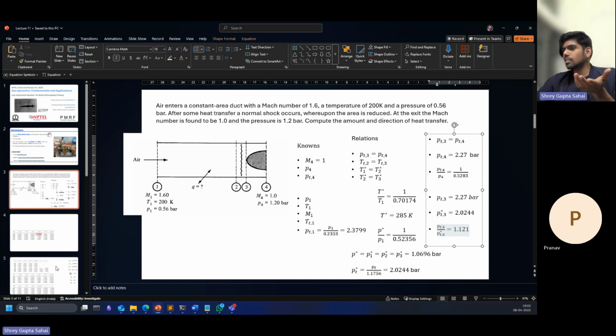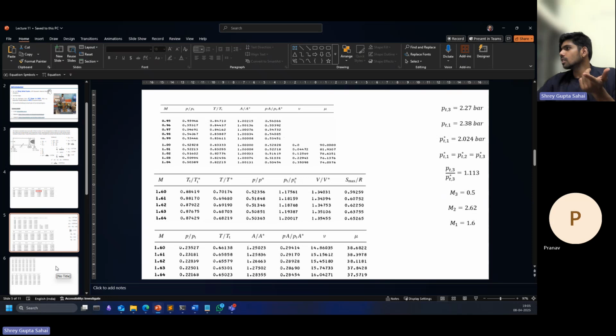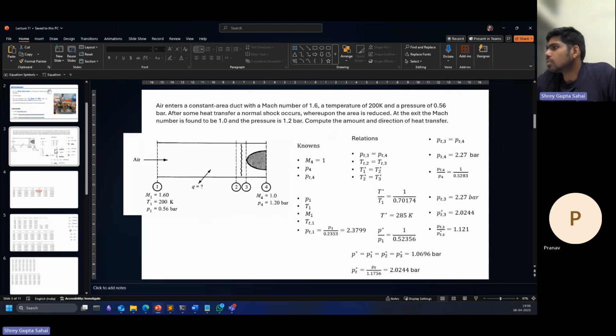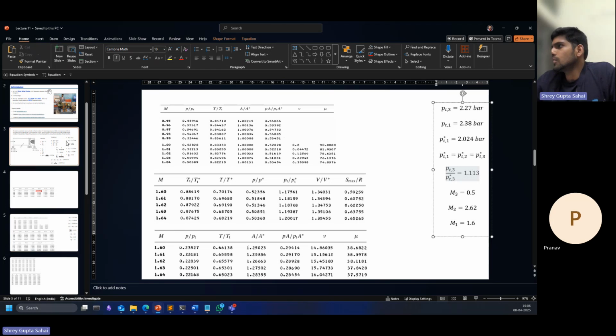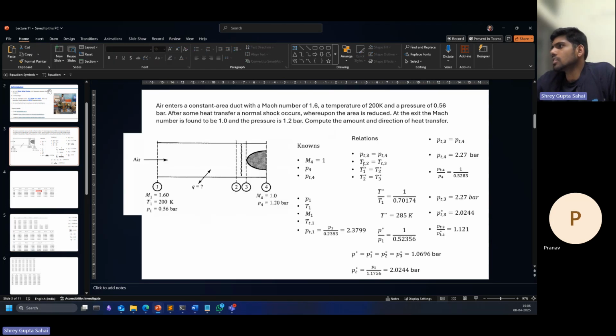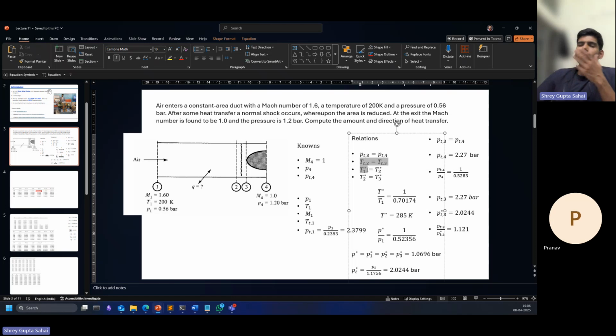Let me just once check if this is the right thing. No, wait. Okay, so slightly similar value. P total is 2.38, fine. Here you see we wrote down relations in total and sonic temperatures, but the pressures are also similar in this problem.